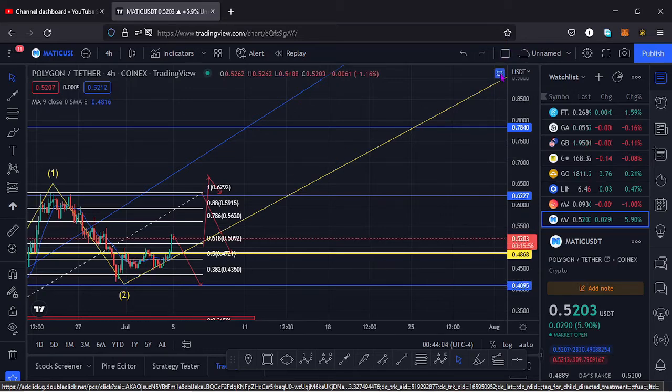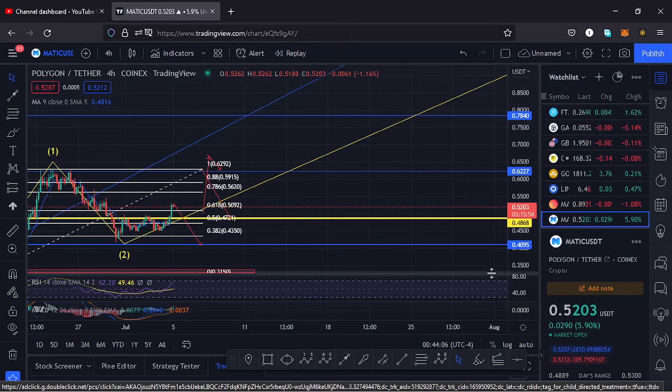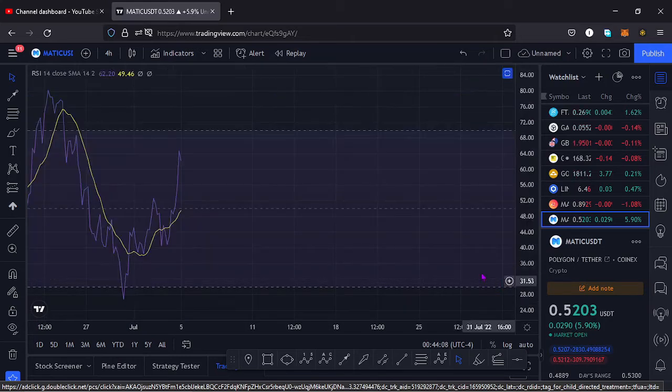And if I go to the indicators to see whether those moves to the upper side can be supported, on the 4-hour chart on the RSI, we are trading at around the 63 mark, and that would mean we have a bit of room to the upper side, so the moves can be supported before we get a bit of a retracement on the RSI to the lower side.